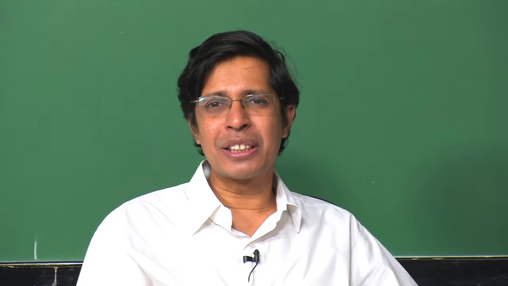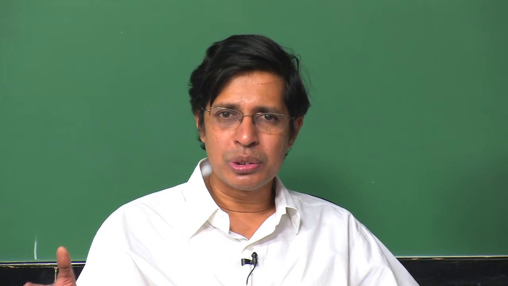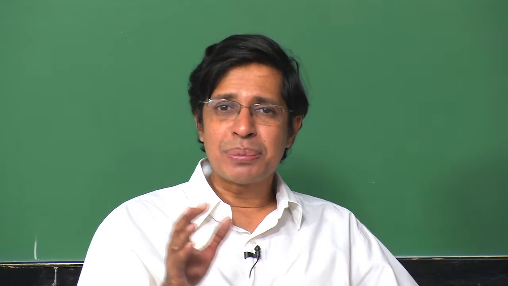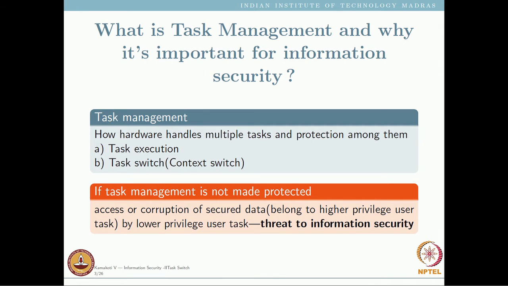Again repeating, when I am executing the task, what is it I am allowed to access and what am I not allowed to access, and from a task which are the other tasks I could switch to and which I cannot switch to. If task management is not made protected, then anybody can access anything else, and essentially there is nothing called secure data at all.